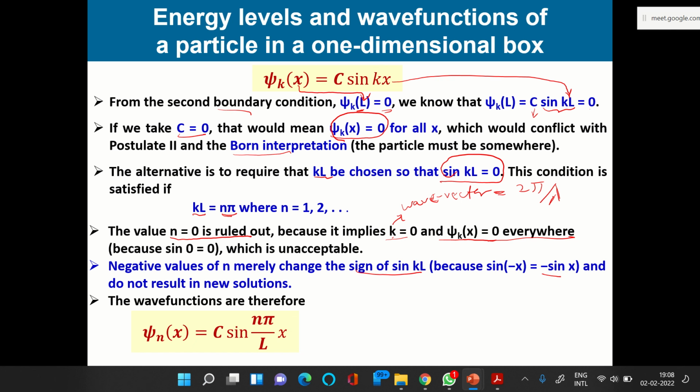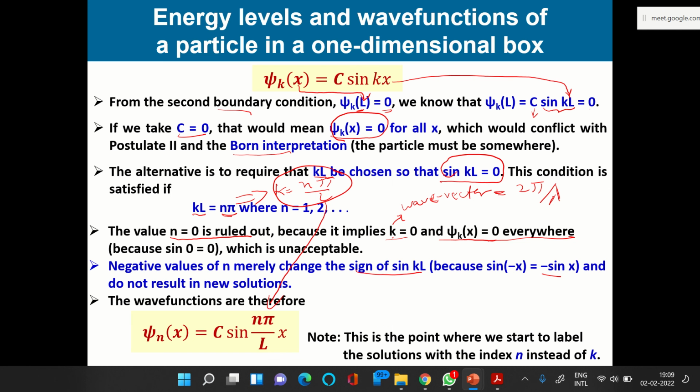So the solution is this: you substitute, so kl is n pi, which implies that k is n pi by l. Substitute k equal to n pi by l, in place of k, so n pi by l into x.